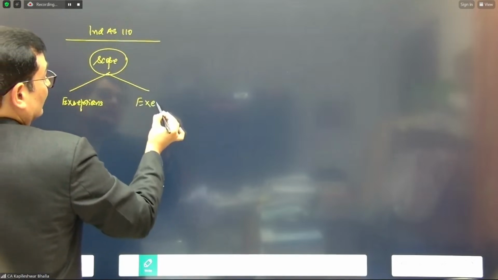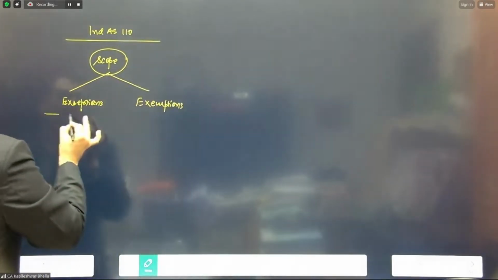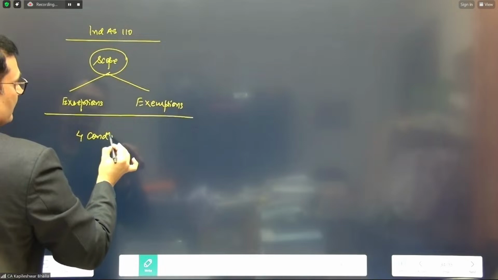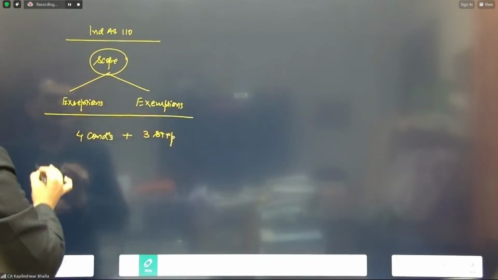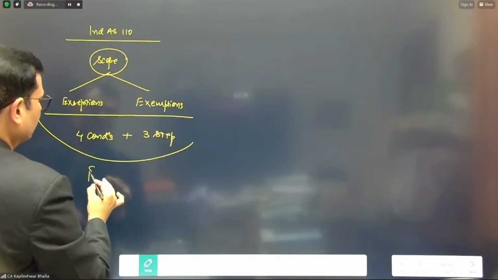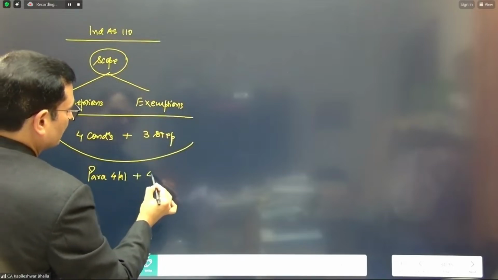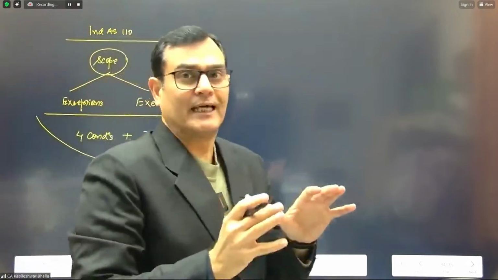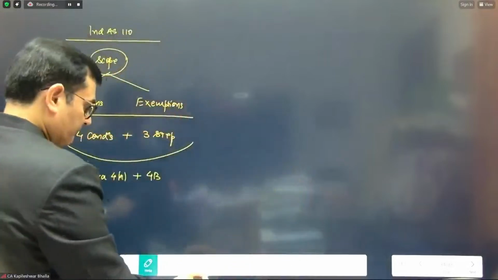In this area, I gave you the parameter of 4 conditions, and a 3-step model focusing on para 4A and para 4B. We devoted almost an entire class on this area, giving you the focus on the scope.